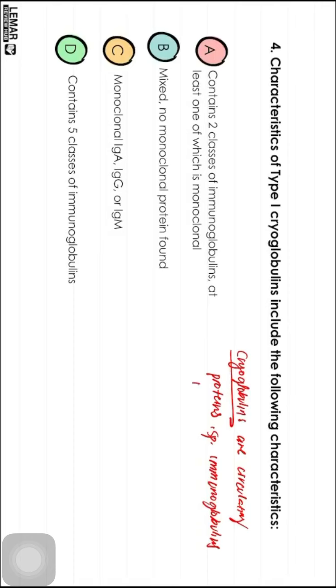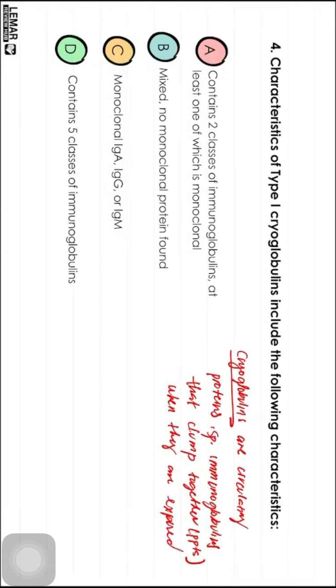They clump together, forming precipitates when exposed to cold and dissolve when warm.